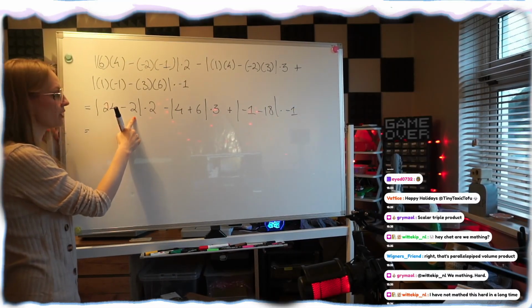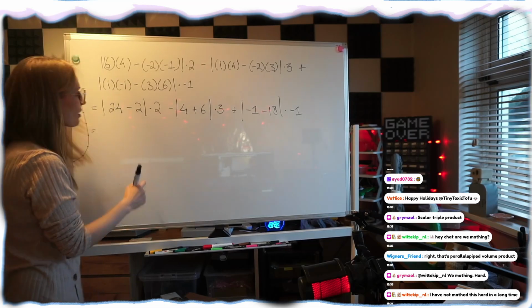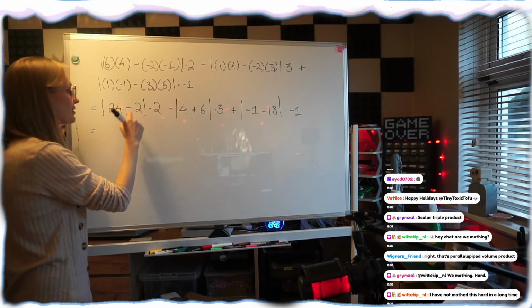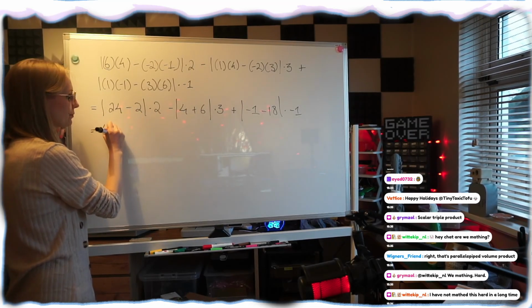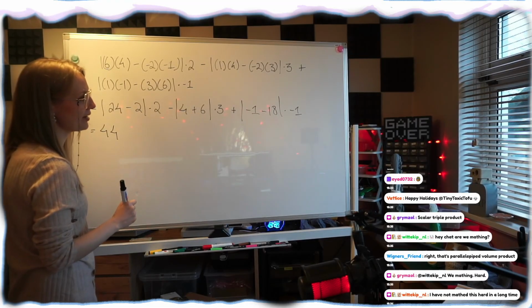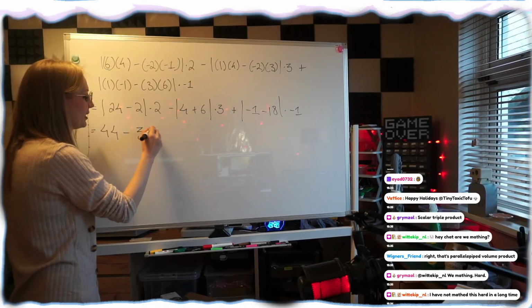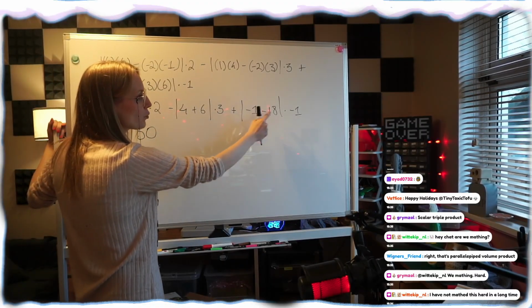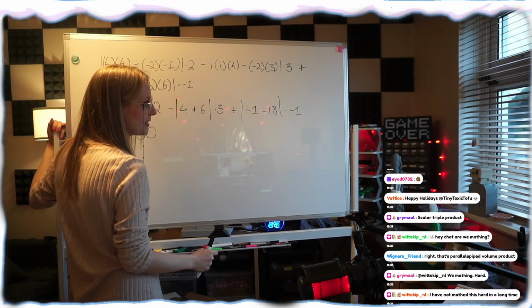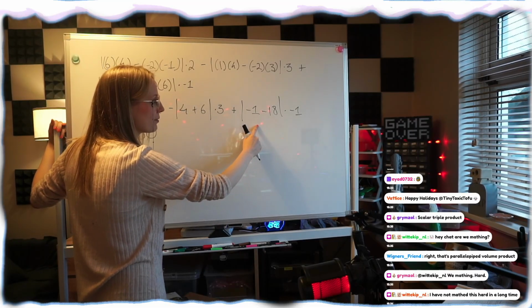All right, let's do the maths out. 24 minus 2 is 22. 22 times 2 is 44. 4 plus 6 is 10. 10 times 3 is 30 with a minus 30. Minus 1 minus 18 is minus 19, times minus 1.